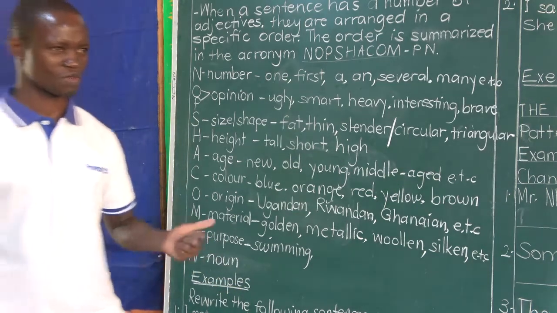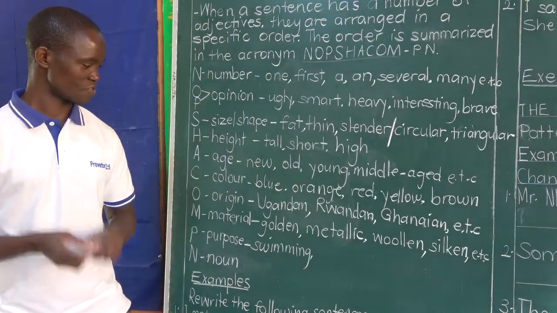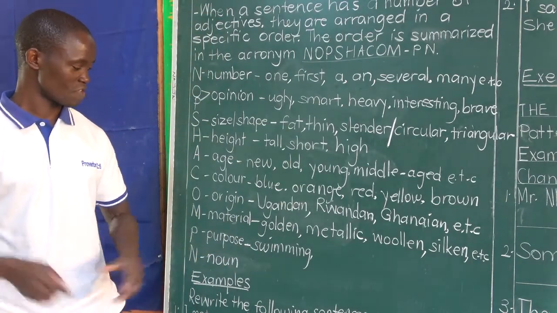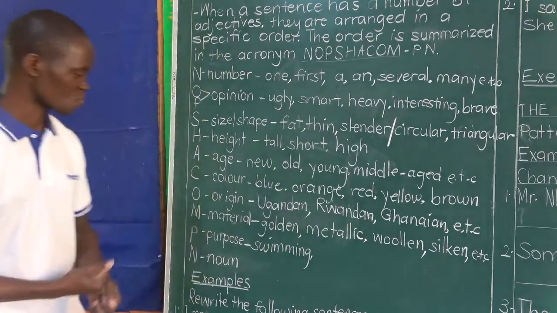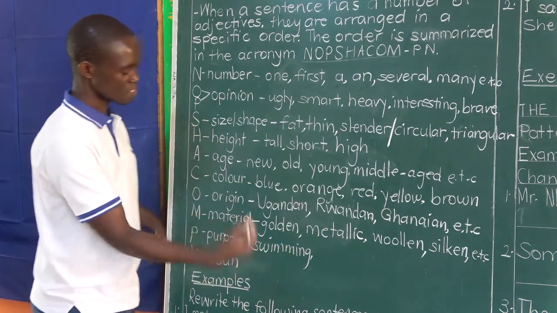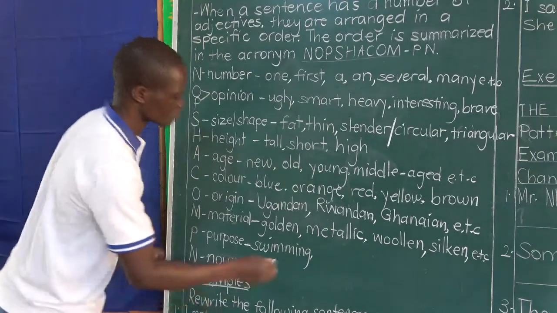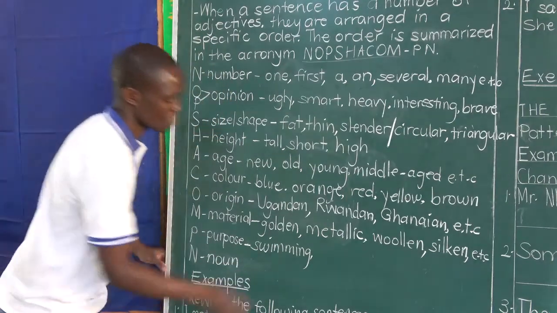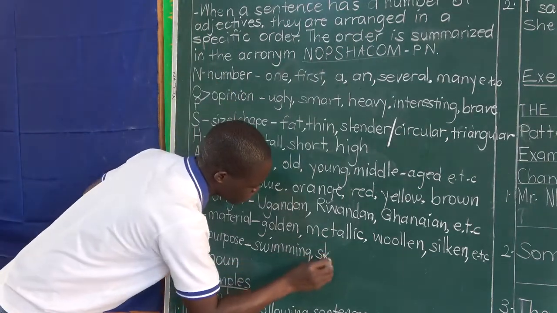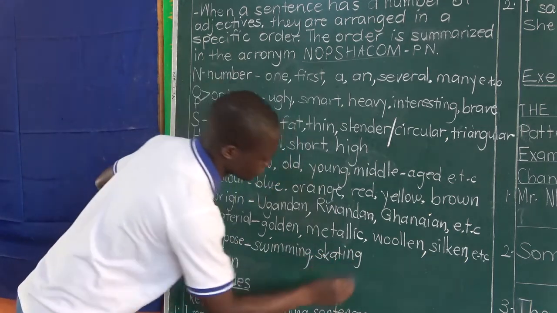Those who have gone swimming know there's a way you dress when you're going swimming, and that dress code requires you to have a swimming costume. What you wear as you go swimming is a swimming costume. Swimming is an adjective modifying the noun costume in that sentence. Next, we have people who enjoy skating. We have skating boards, boards that are made for skating. Skating boards, skating shoes.